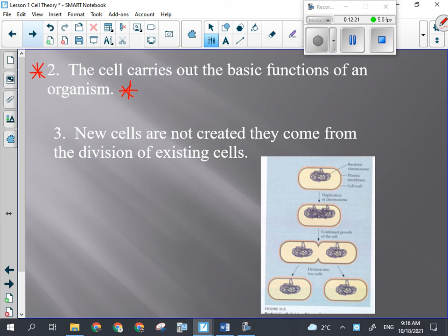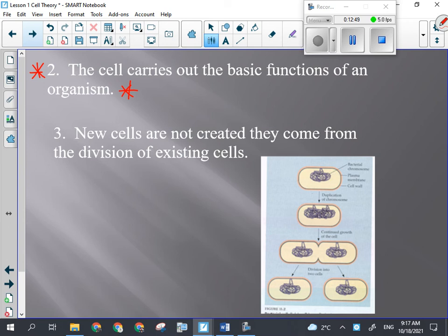All right, and then the third point, new cells are not created. They come from the division of existing cells. So there's no factory in your body that produces cells. Cells come from the division of existing cells. So if we trace you all the way back to the moment you were conceived, when sperm met egg, that made a single cell called a zygote.